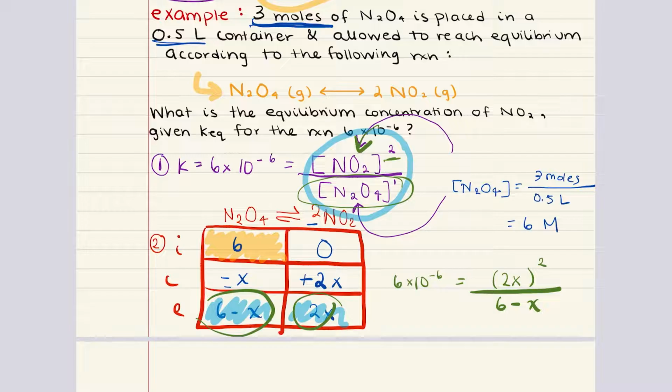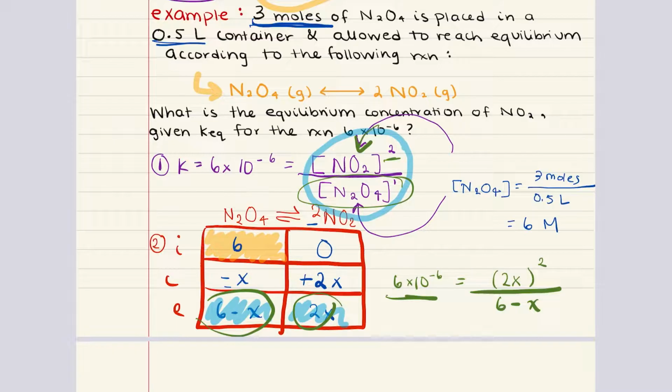All right, wonderful. Now here's where we can make an assumption. We can use our 5% approximation rule, and we can do this confidently because look at our value for K. It's very small. And so that means that our 5% approximation rule is probably valid to use.